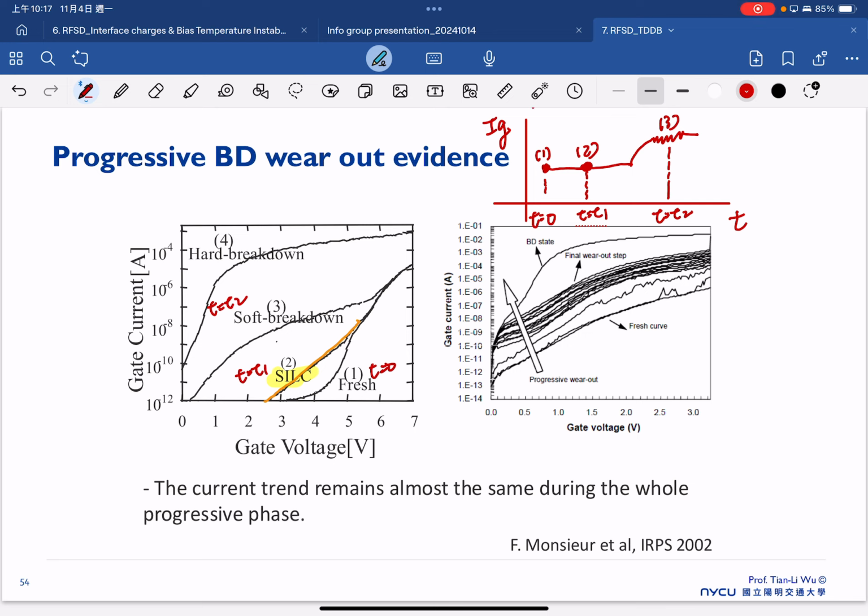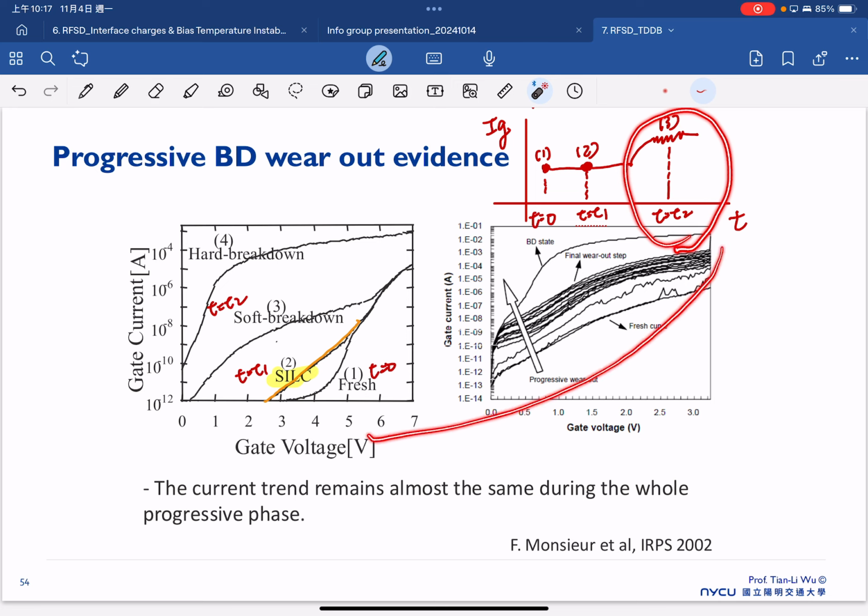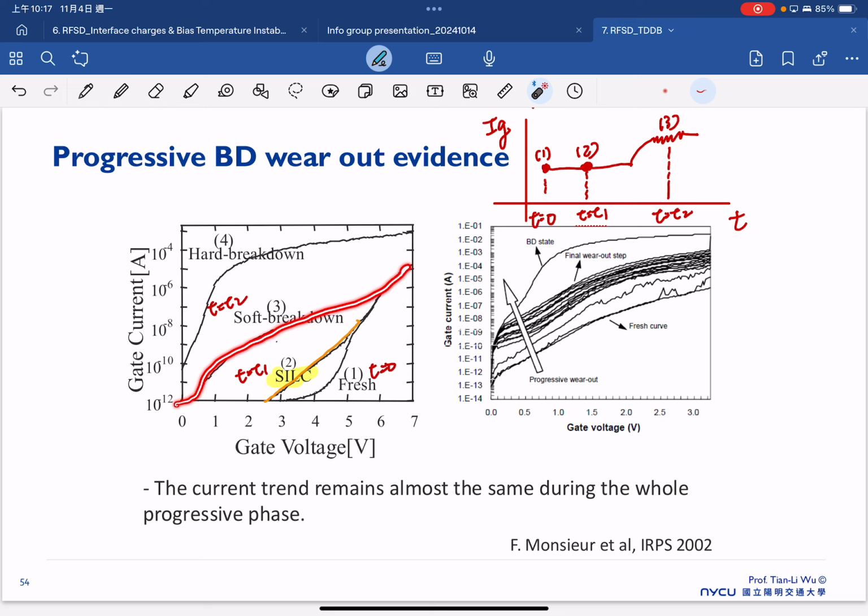Now, if you see this noise increase and you come back again to characterize IGVG, everything should be consistent. For sure, when you characterize IGVG, you will see your gate current is increased in a very obvious way. So that's also another evidence related to the soft breakdown.